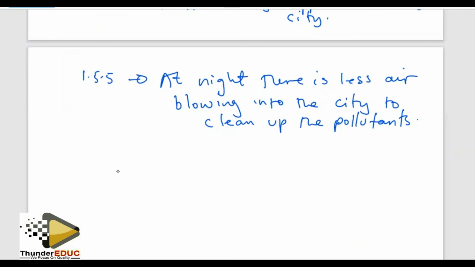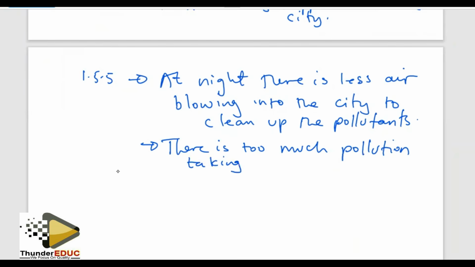So we would also say that at night there is too much pollution taking place.